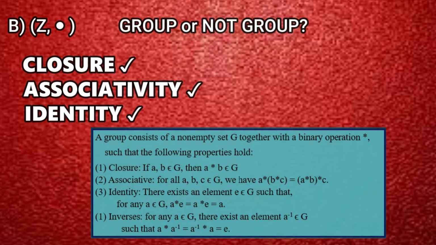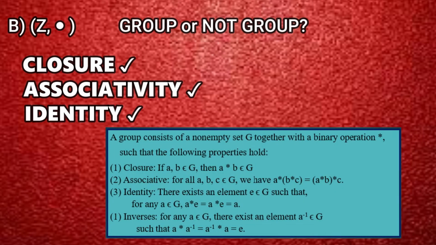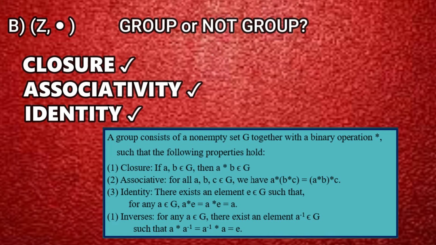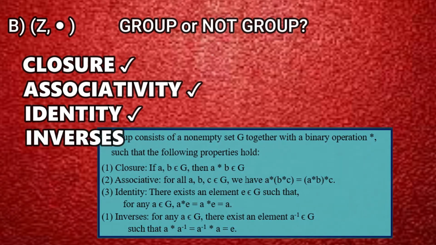We have already proven that the elements of Z under multiplication hold the first three properties: the closure property, the associative property, and the identity property. Now, let's see if it also satisfies the last property, which is the inverse.